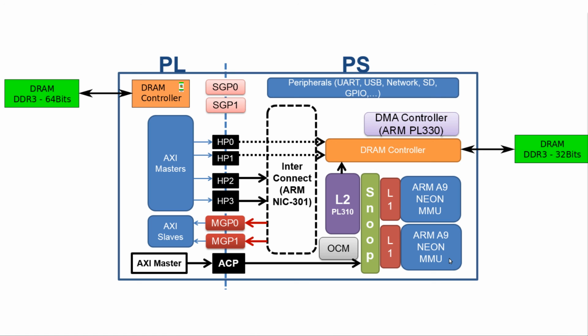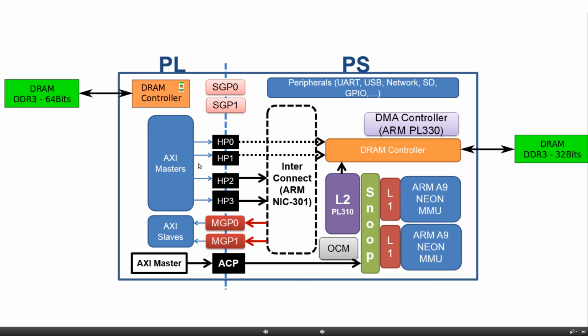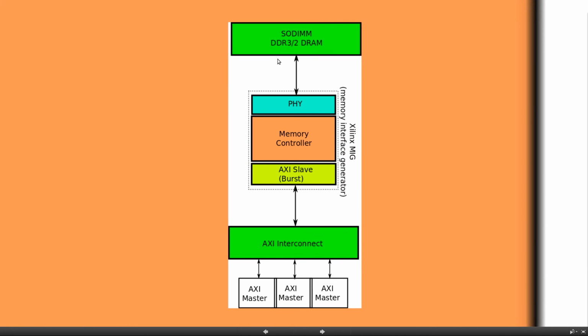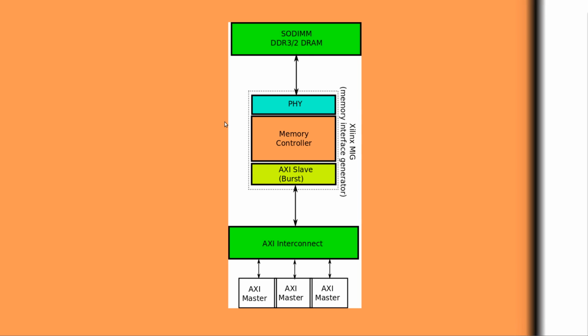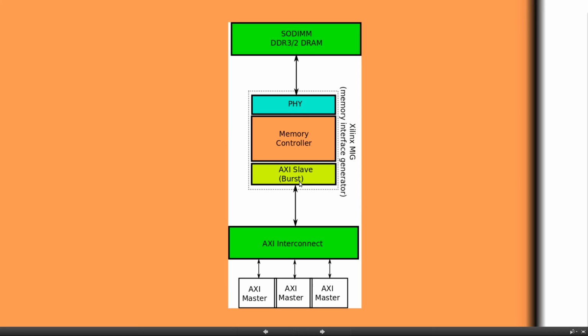So overall, if we want to look at the architecture of a DRAM controller, we will see something like this. Your DRAM controller basically contains three parts. The first part is the AXI interface. Through this part, the DRAM controller, or this whole module, provides an AXI slave interface through which different AXI masters can perform transactions to the DRAM memory.